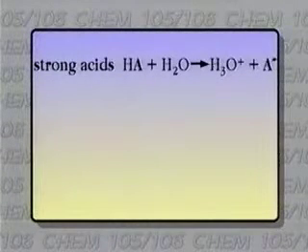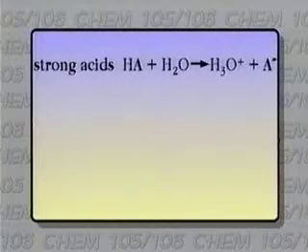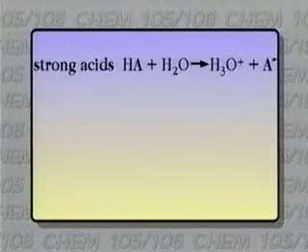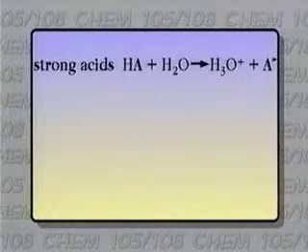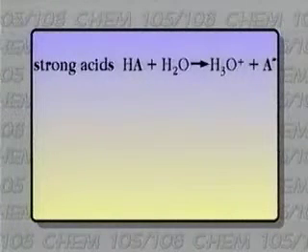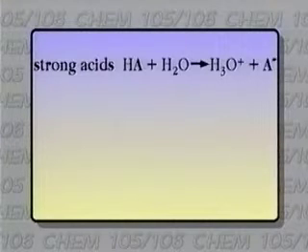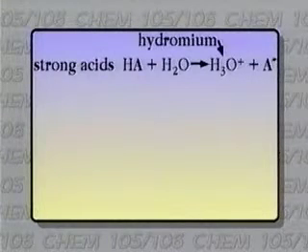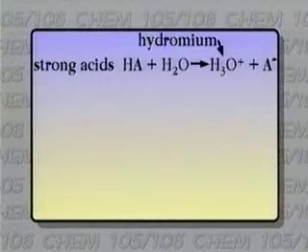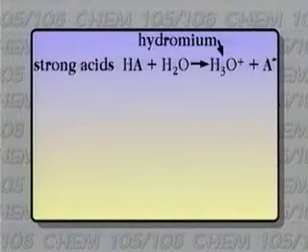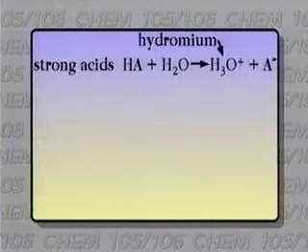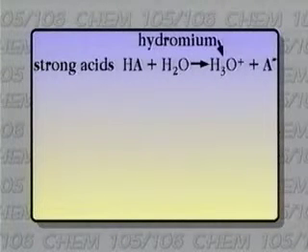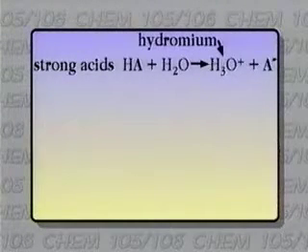If we put a strong acid, which we'll just call HA, in water, the acid donates a proton to the water, giving us then the hydronium ion. This is an ion that we haven't mentioned before, but this H3O plus species here is called the hydronium ion, H3O plus.